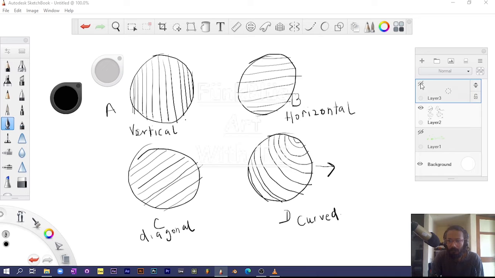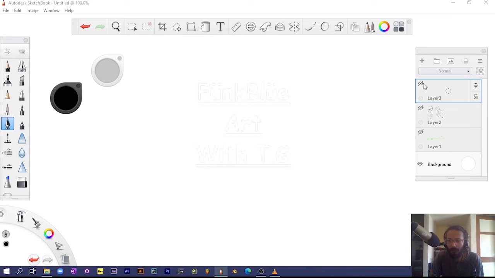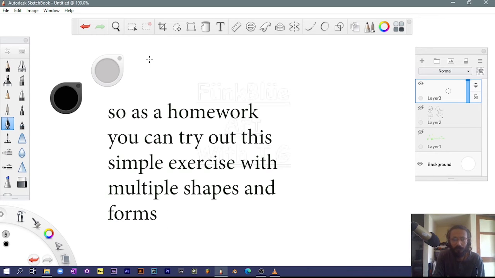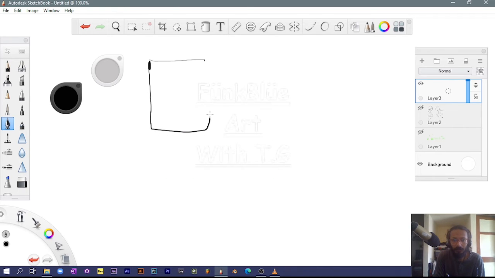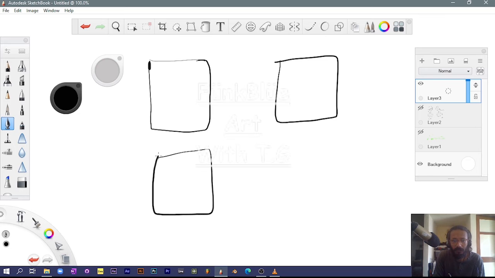We'll take the same example and try it with squares. Okay, we have one square, a second square, a third square, and a fourth square, right? And then we do the same thing again.